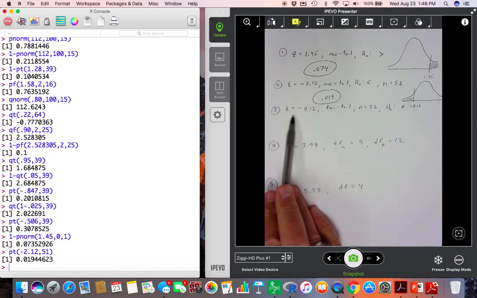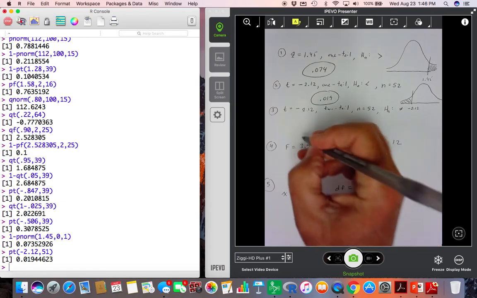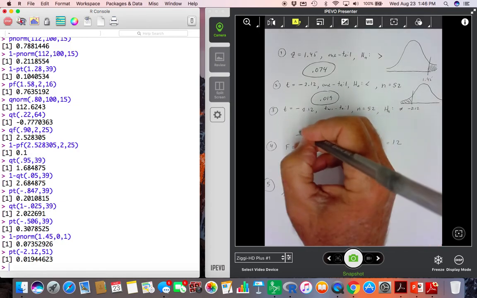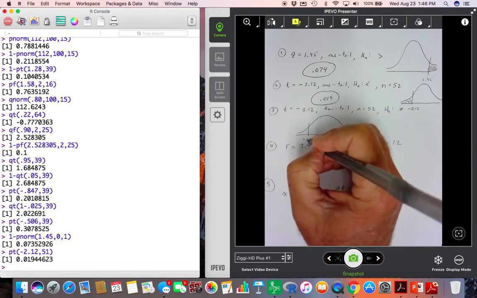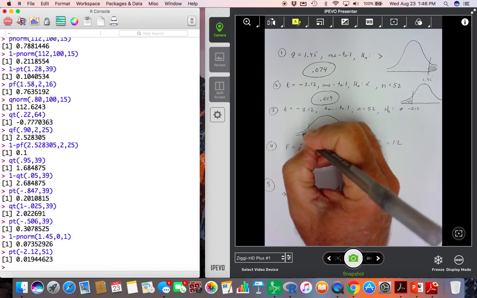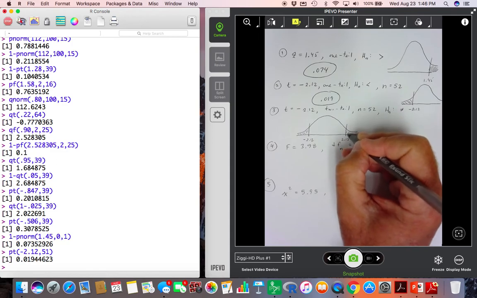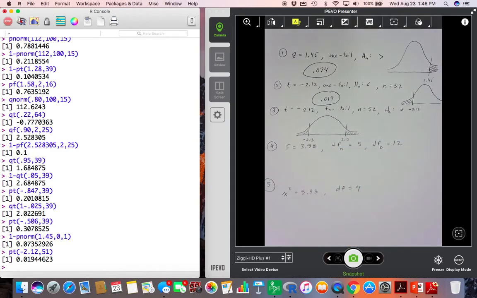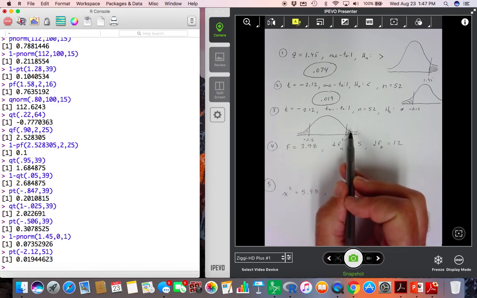Now, a little different here, doing a two-tail test. So we have two tails to contend with. What we ultimately have to do is find the area to the left of negative 2.12, but we also have to find the area to the right of positive 2.12. In a two-tail test, we give the same likelihood to both tails of the distribution.